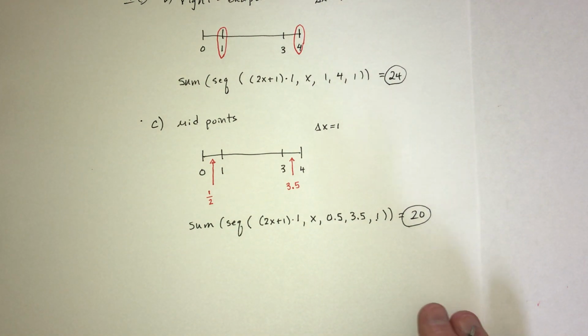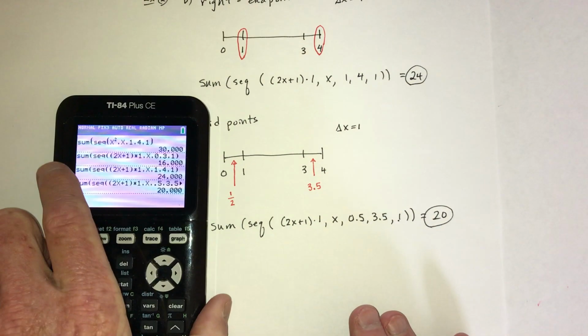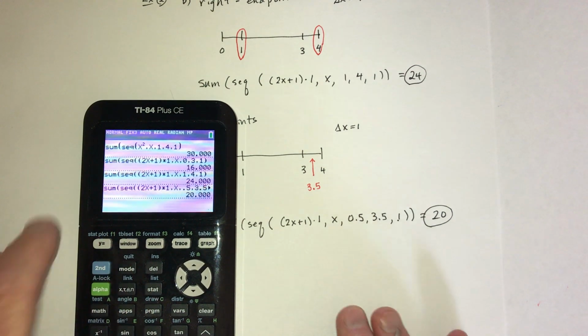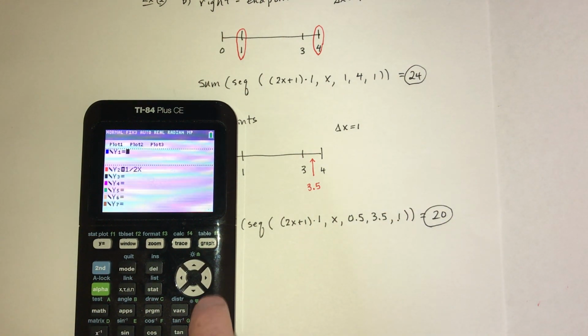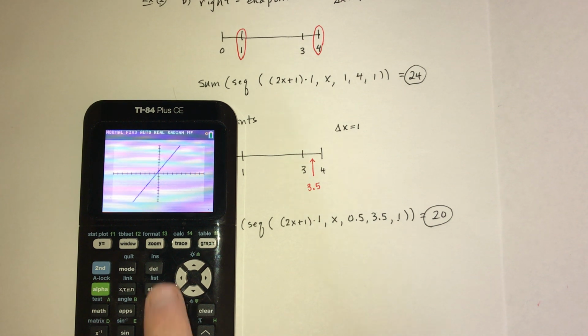Now, how do we find the actual answer to see how good these estimates are? What you do is graph the original function, which is 2x plus 1. Then just go to Zoom Standard. There's the graph.